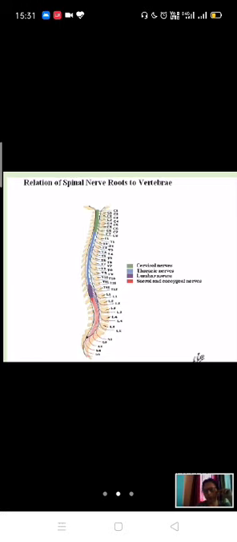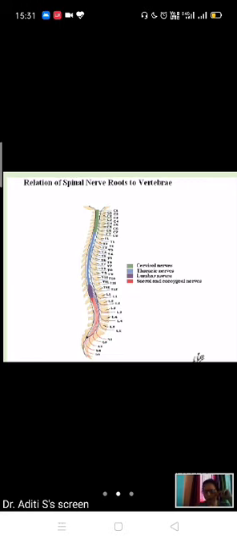This is the T1 vertebra, and the T1 spinal nerve comes below it. I think you know this; you have learned this in anatomy. Like this, all the thoracic, lumbar and sacral nerves come out through the foramen below the vertebra.